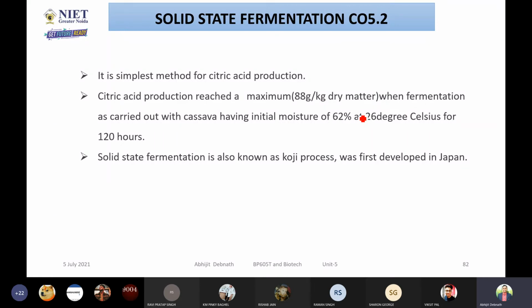It is a simple method for citric acid production.